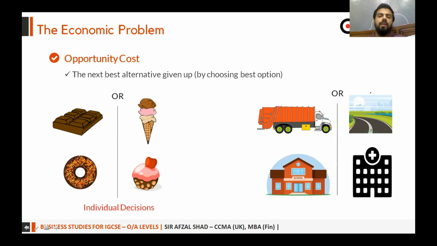If you have limited resources, let's suppose you have 1 million rupees or $0.1 million, and you can have either a school upgraded or a hospital upgraded. You choose the school to be upgraded and you have sacrificed the hospital upgrade. That sacrifice, the hospital, becomes your opportunity cost. Got it? Let's move on to the next slide. These were the decisions made by the government.